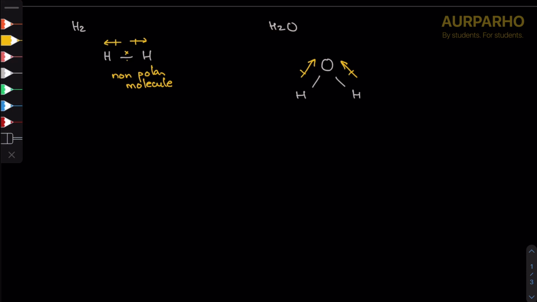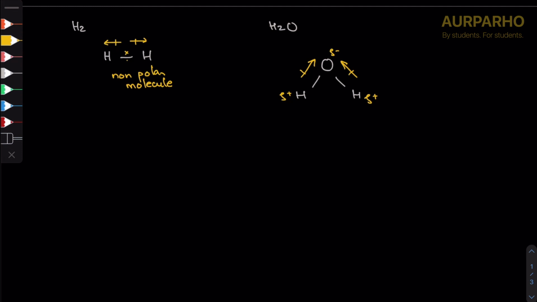The electrons are effectively able to shift towards O. The dipole doesn't cancel out, and oxygen gets a partial negative charge, and both of the hydrogens get a partial positive charge.